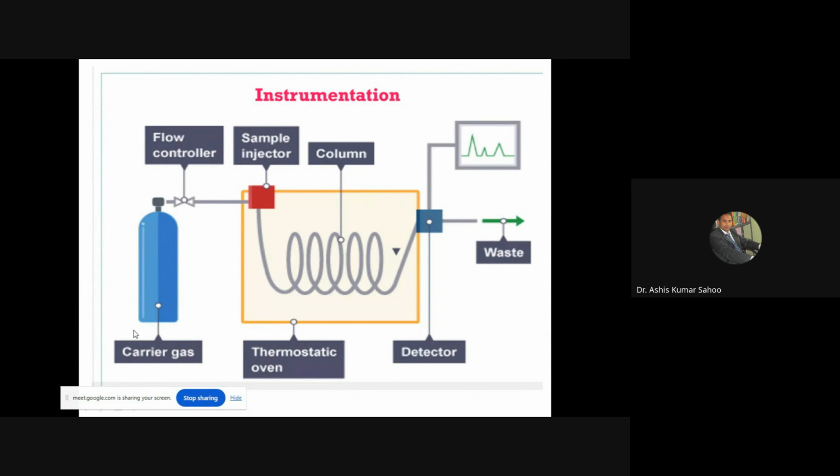The flow can be controlled here, and the sample can be injected here. Then the column is given here. From the sample injector, the column is a coil in a thermostatic oven. And here is the detector, which will detect the compounds. In this way, waste will be removed.